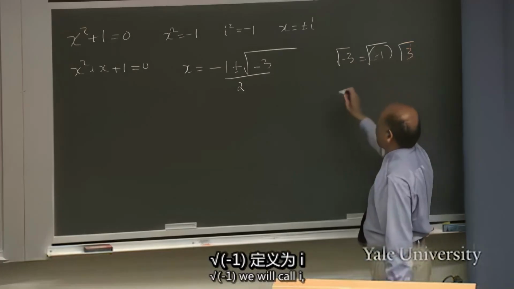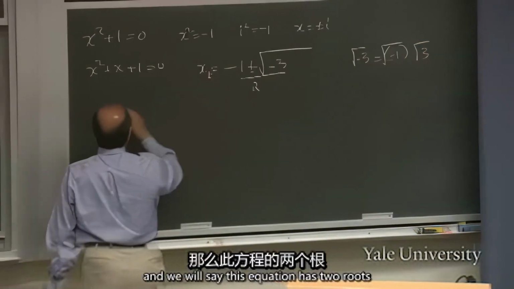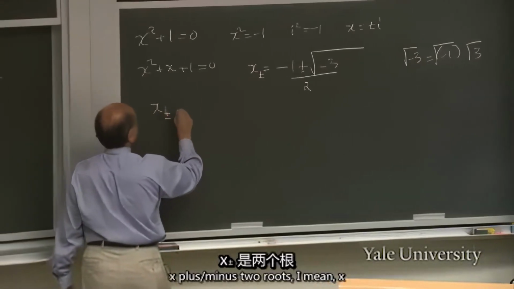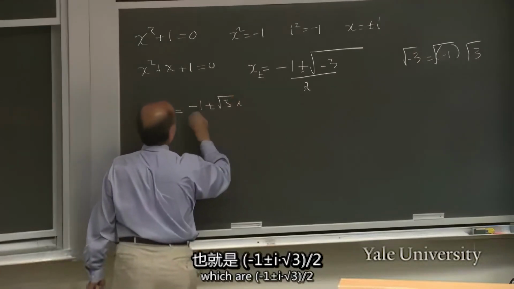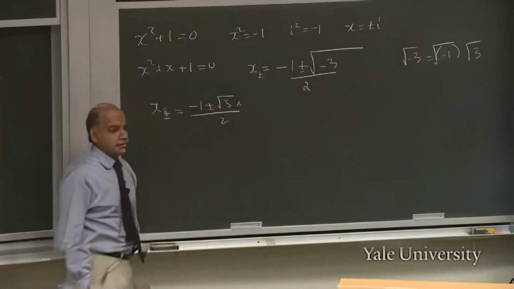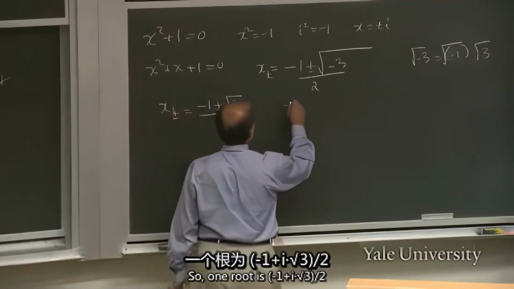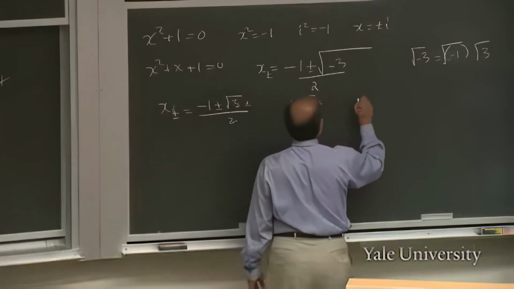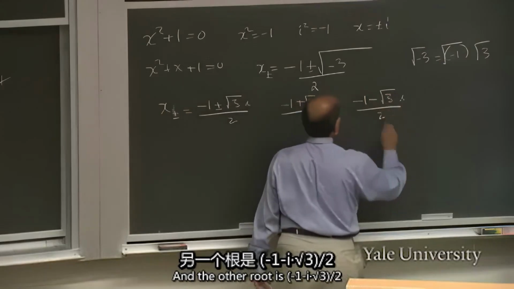Square root of minus 1 we will call i, and we will say this equation has two roots, x plus and x minus, which are minus 1 plus or minus square root of 3 i over 2. So one root is minus 1 plus root 3 i over 2. The other root is minus 1 minus root 3 i over 2.